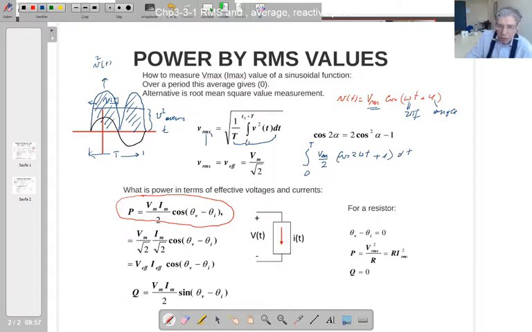So summation of those two functions, you can get the integral of each of them separately: Vm squared over 2 cos 2 omega t dt plus the integral of 1 over 2 Vm squared dt.